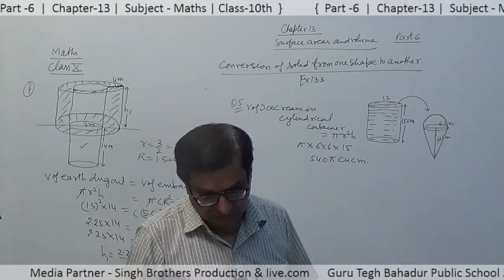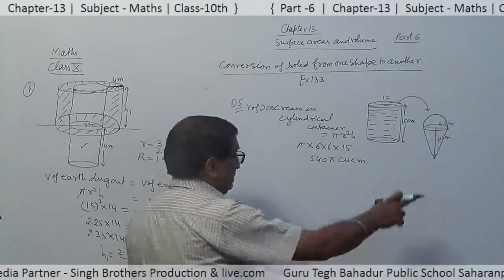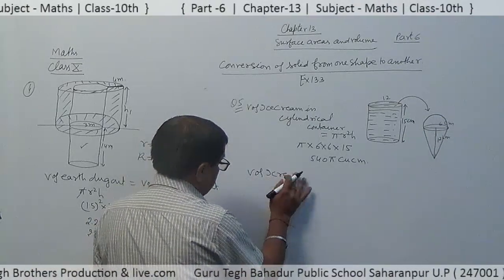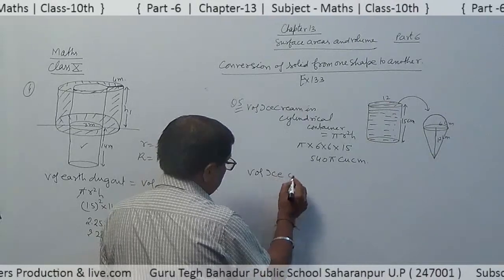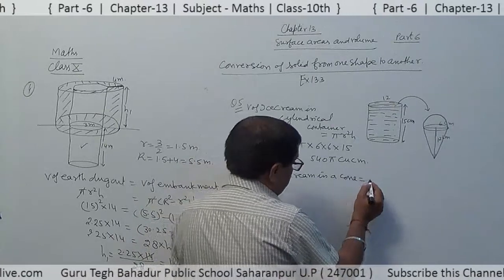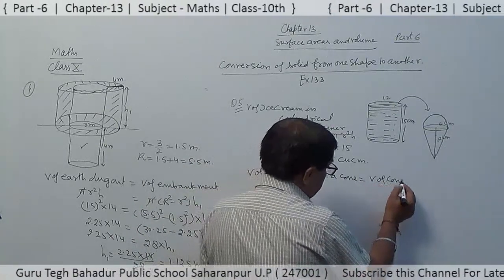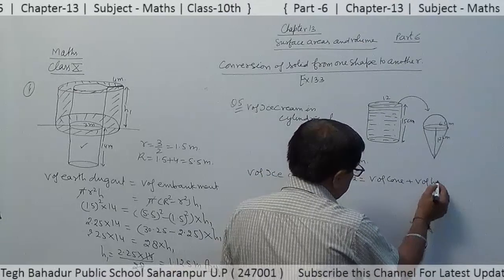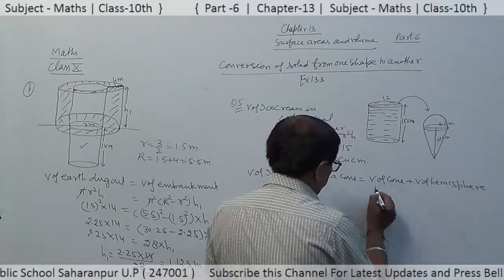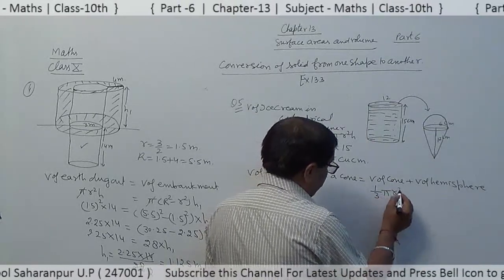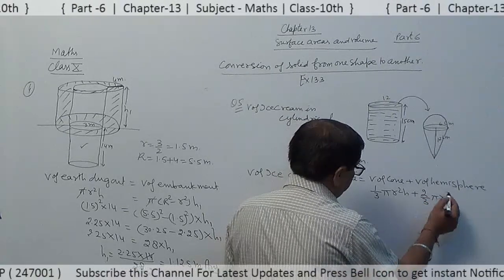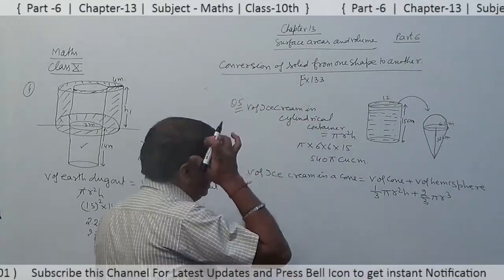Now, this is filled in cones. The volume of ice cream in a cone is equal to volume of cone plus volume of hemisphere: 1/3 pi r square h plus 2/3 pi r cube.